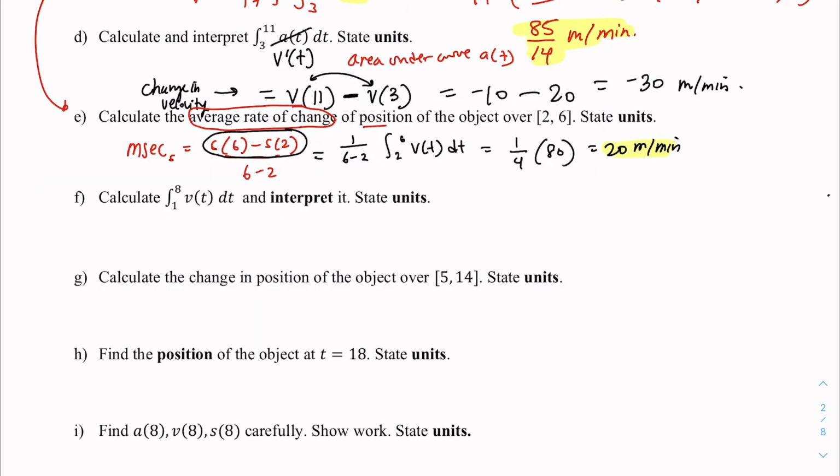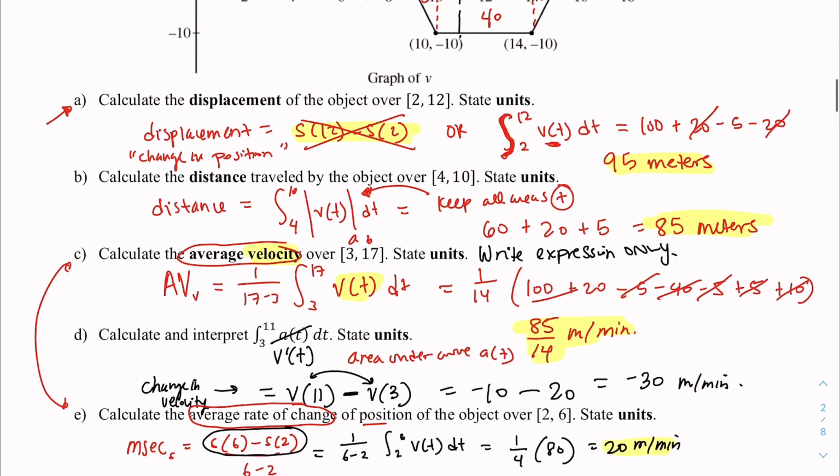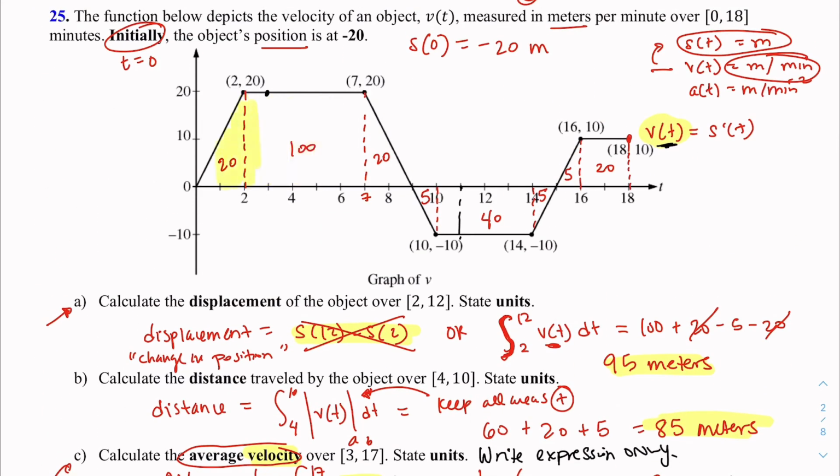So let's do F. It says calculate the area under the curve of V of t, and then interpret it. Well, calculating it is as easy as just looking up there and adding our areas. So from 1 to 8, it looks like we have to find the areas of these trapezoids. If I just find one of the areas, this is symmetrical, so I can double it. The area of the trapezoid will be the first height, which is 20, plus the second height, which is 10.